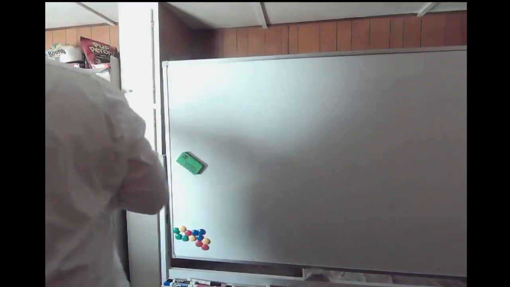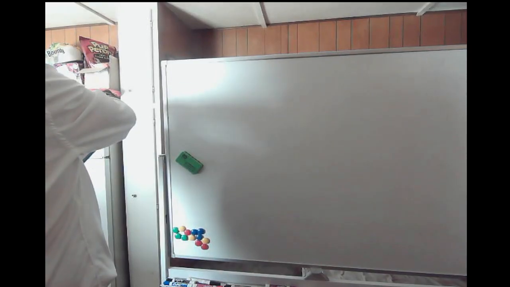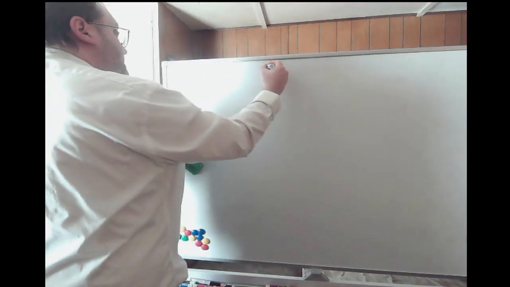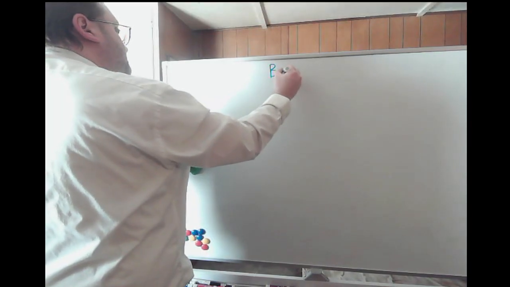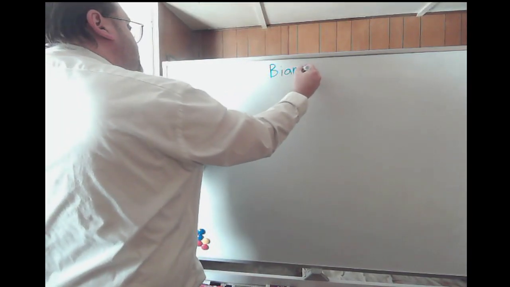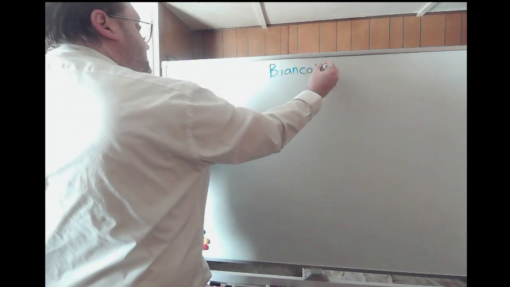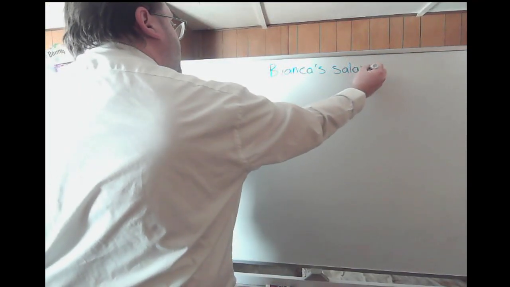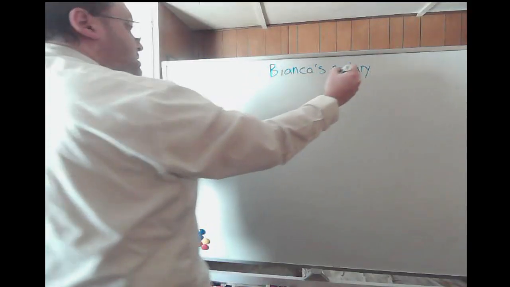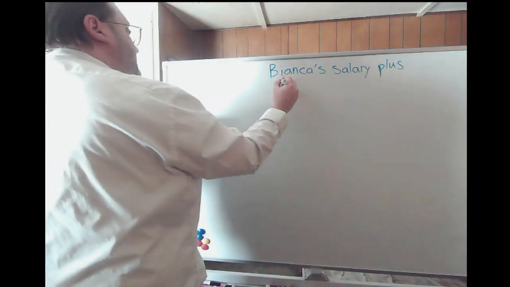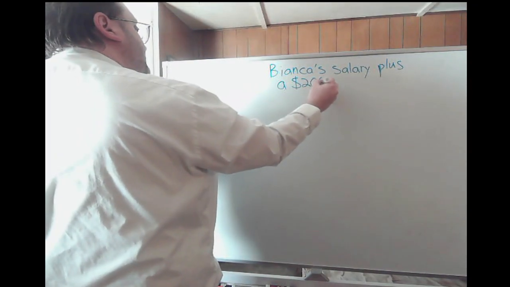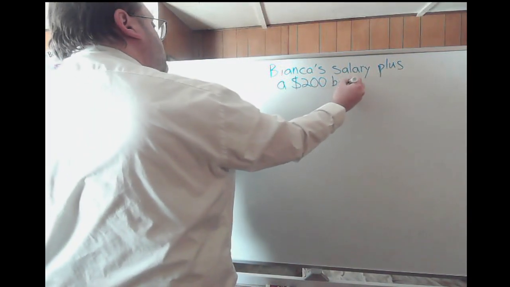Okay, now on to a little bit of word problems, as we were talking about. Not really problems per se, but we want to translate this into an algebraic expression, okay? Say you're given Bianca's salary plus a $200 bonus.